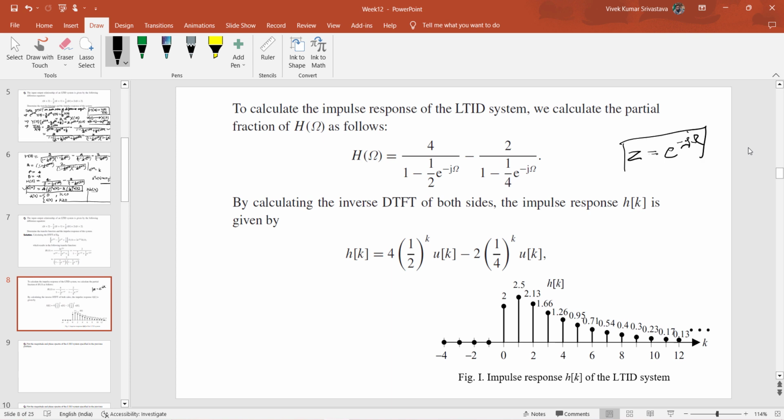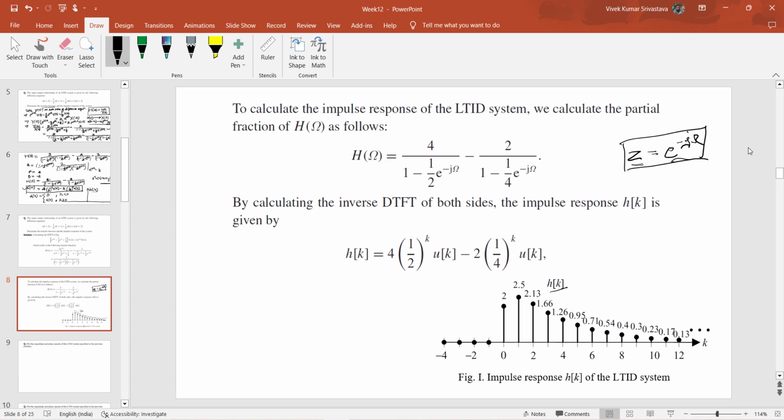So either you can use the Z transform method or the discrete time Fourier transform method; you will get the same response. After plotting, you will get this kind of response, which represents the impulse response of the linear time invariant discrete time system.